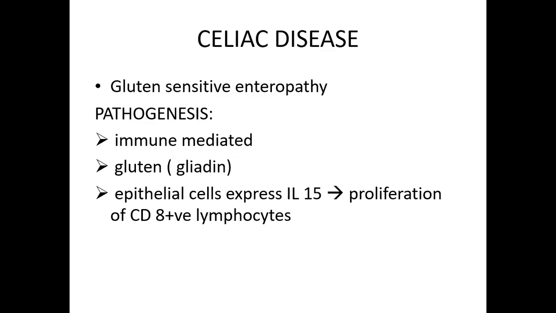There is also formation of autoantibodies: antibodies against tissue transglutaminase, antibody against gliadin, that is anti-gliadin, and anti-endomysial antibodies. These three antibodies are important in diagnosis of celiac disease. The epithelial cells express interleukin-15, which leads to proliferation of CD8 positive T lymphocytes.